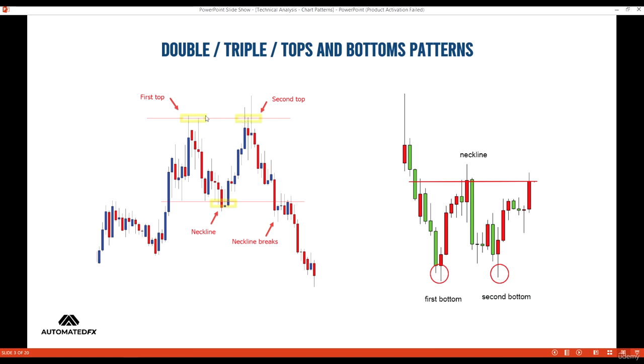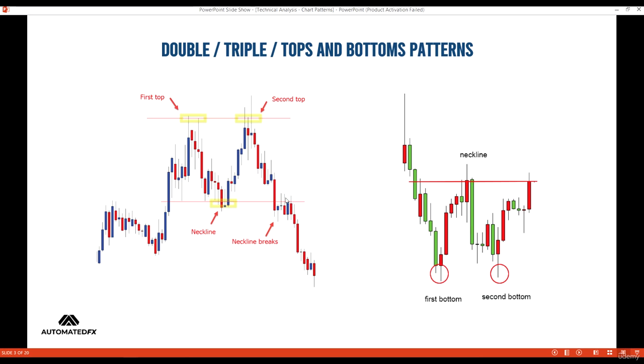Now this qualifies it as a double top, and then the market breaks down. As you can see, the market has broken the neckline or the neck region at this point, then went back up to retest it. This is where we would love to enter a sell trade.